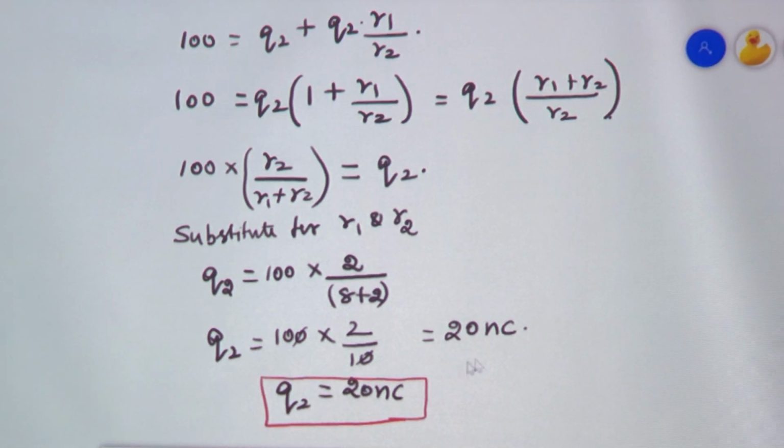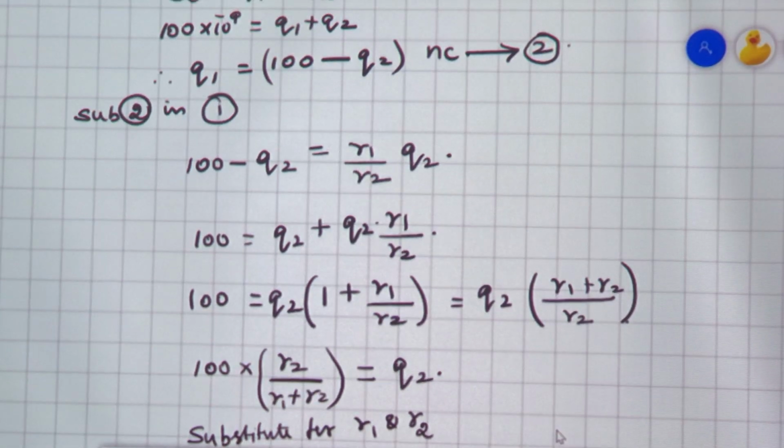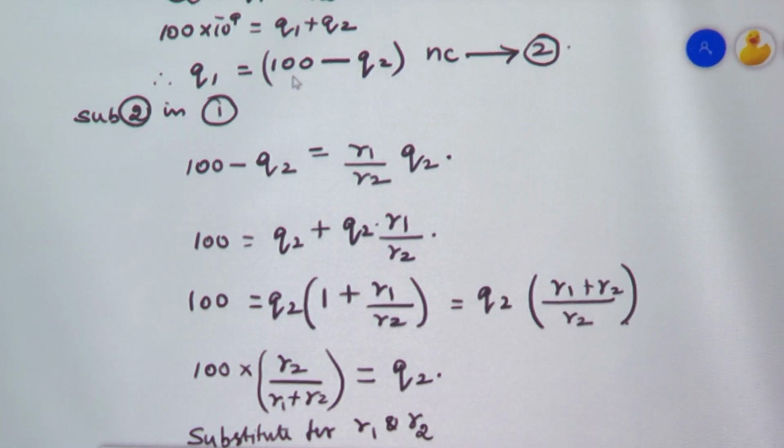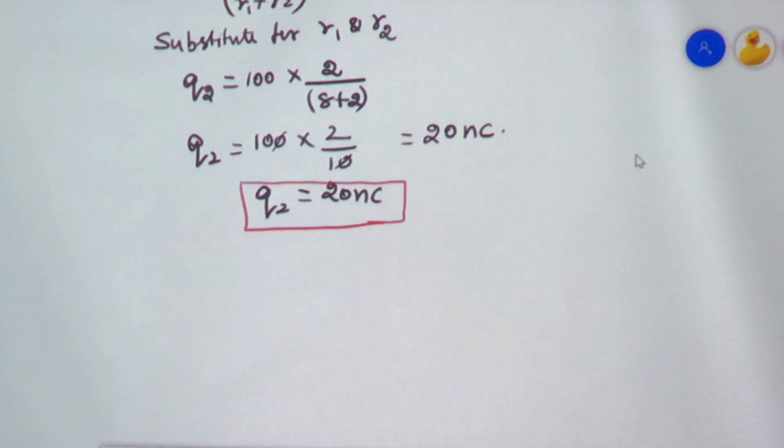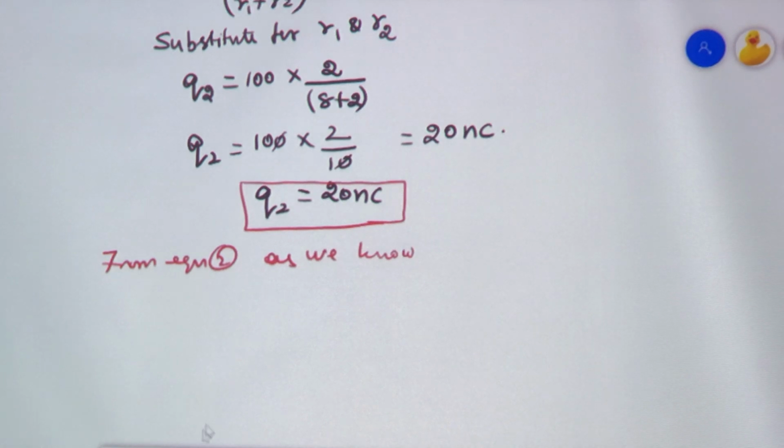Now you take this value and substitute in equation number 1 or equation number 2, because Q1 is equal to 100 minus Q2. So from equation 2, as we know, Q1 is equal to 100 minus Q2.